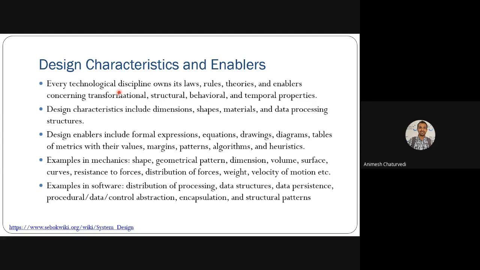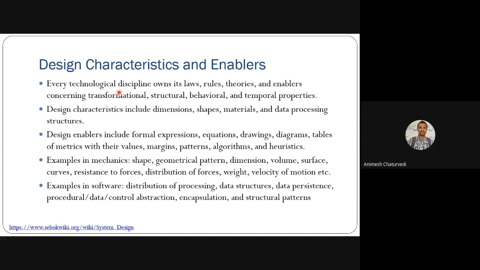Some technologies and disciplines have various characteristics, like laws, rules, and theories, and they have enablers like transformation, structural behavior, and temporal, time-based properties. The design tries to model and write about such characteristics, like dimensions, shapes of the material, and data processing.